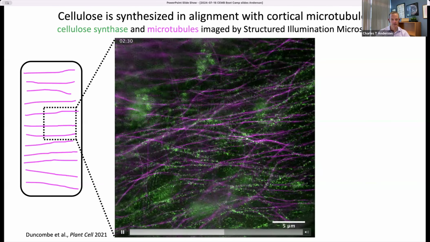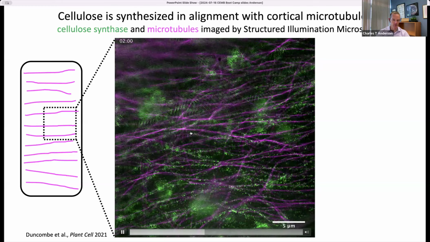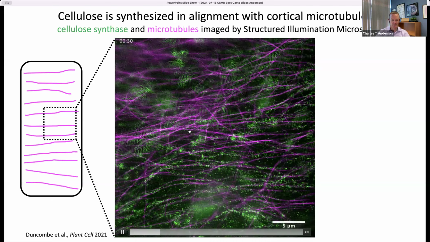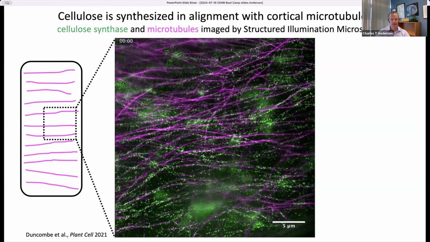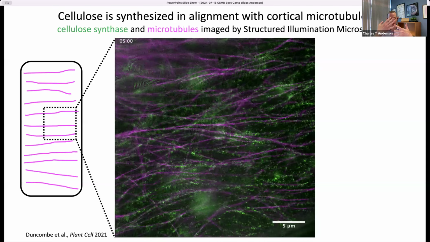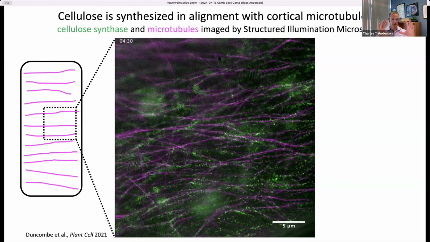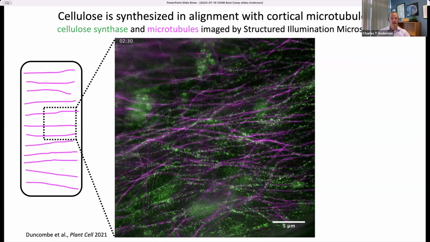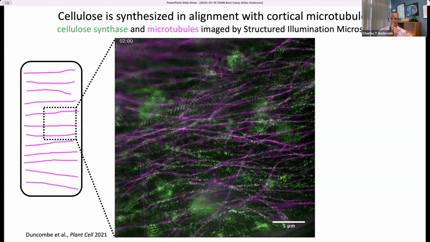And we think this process is helping to drive the patterned deposition of cellulose in a certain direction that gives the wall what we call mechanical anisotropy. So if the cellulose were arranged randomly in the wall, we could think of that cell wall as being potentially isotropic in nature, meaning that it can expand in every direction equally. But in many cases, the cellulose is sort of wrapped around the cell.